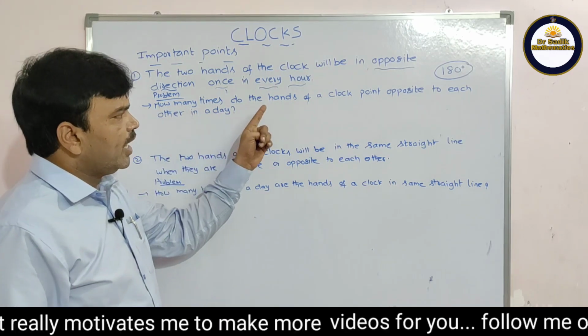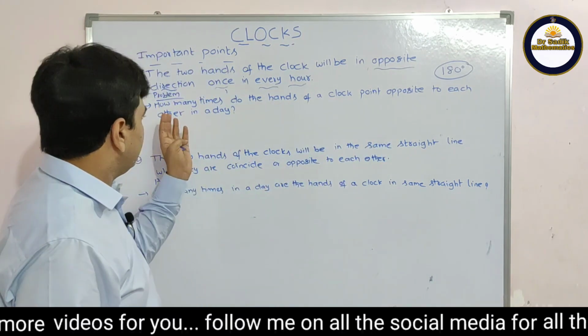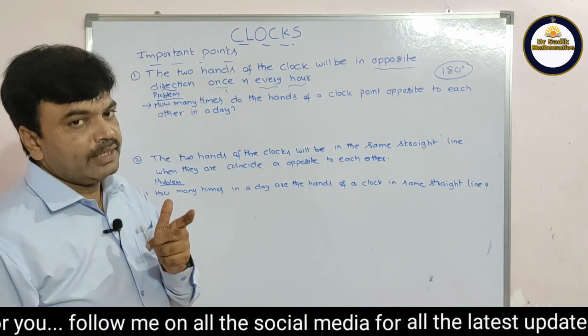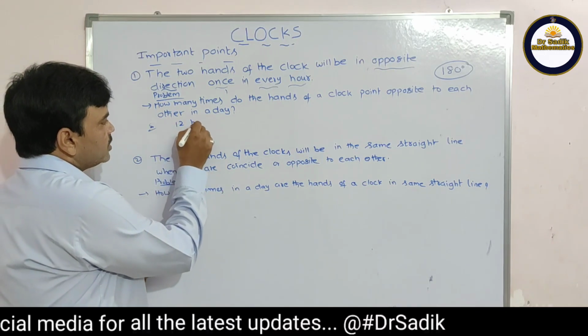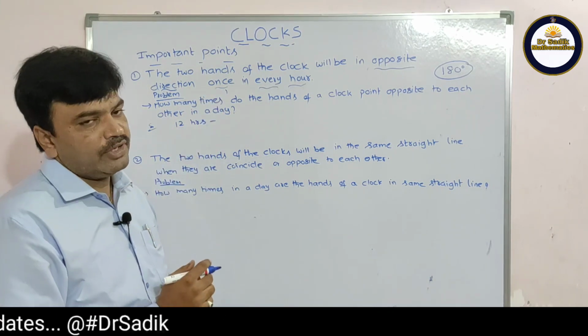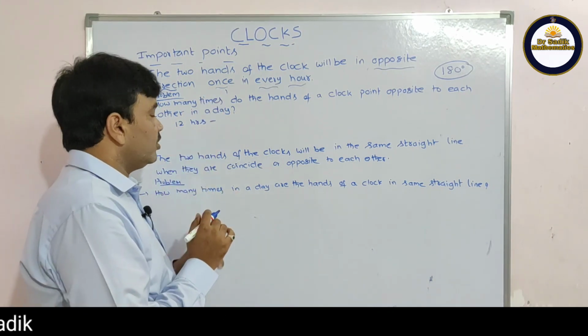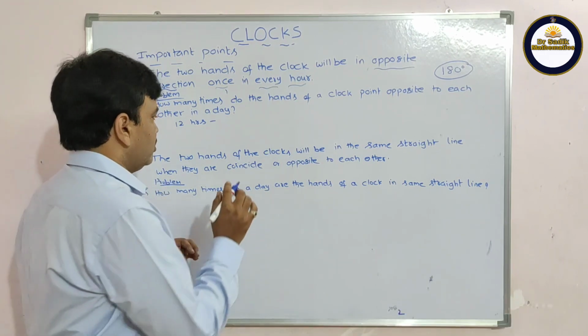Okay friends, let us see the problem. How many times do the hands of a clock point opposite to each other in a day? We have 12 hours. So for 12 hours, how many times, friends? Once in every hour, so is it 12 times? No friends, it is not 12 times.